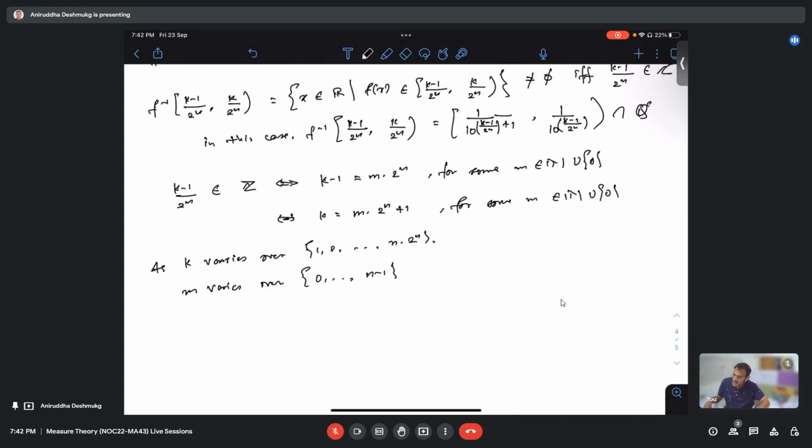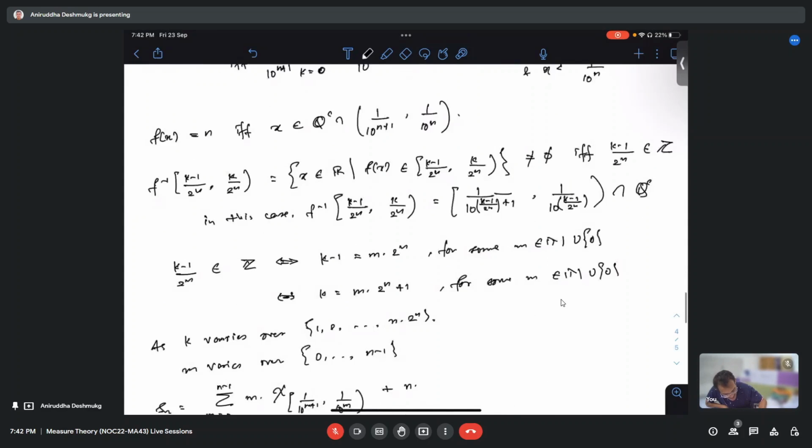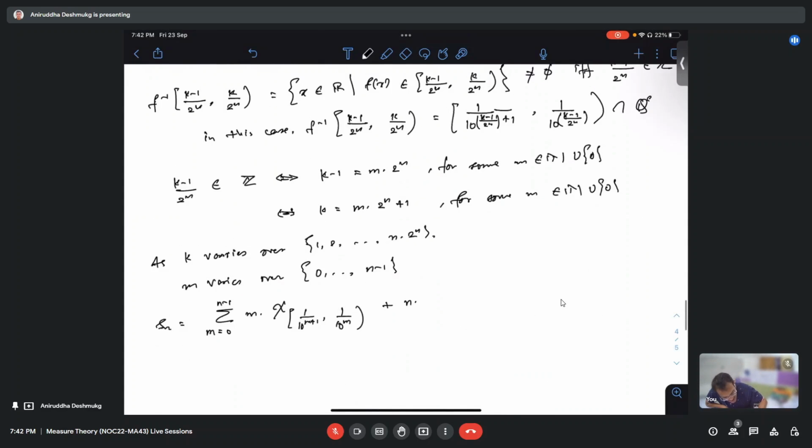And inside these values, Sn I can simply write as the sum over m from 0 to n minus 1 of m into chi of 1 over 10 to the power m plus 1 to 1 over 10 to the power m, plus n into chi of, well, what remains that I have not calculated yet, but let us try to write it, n to plus infinity.